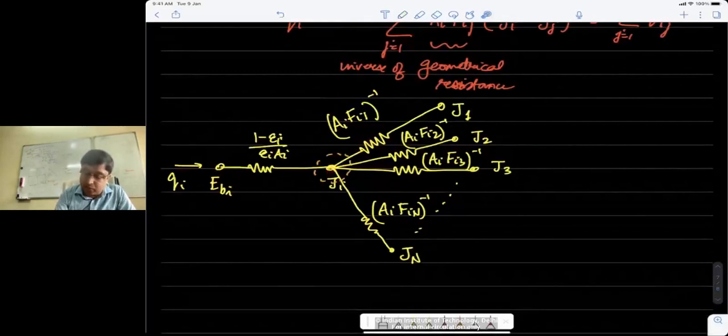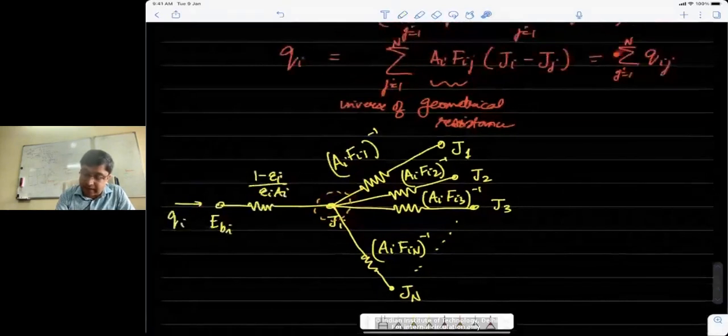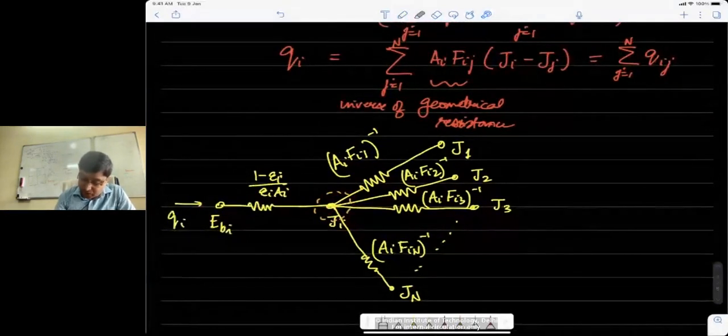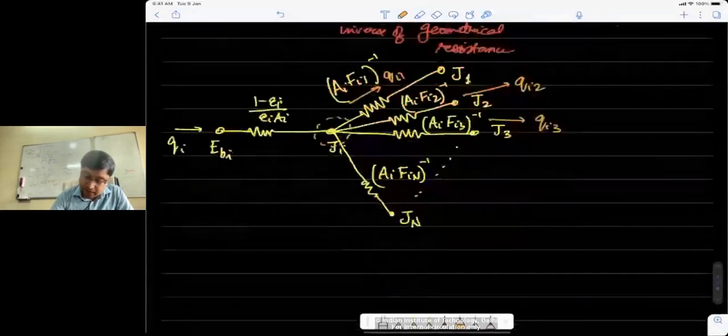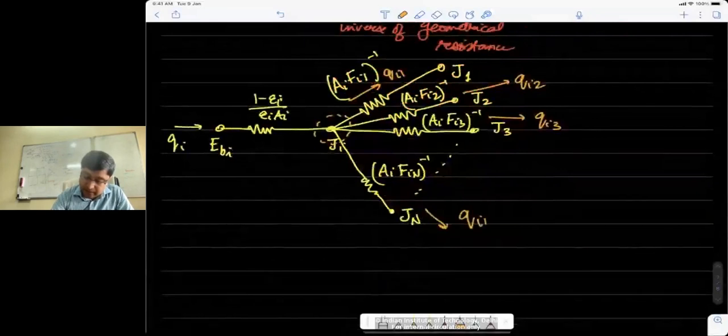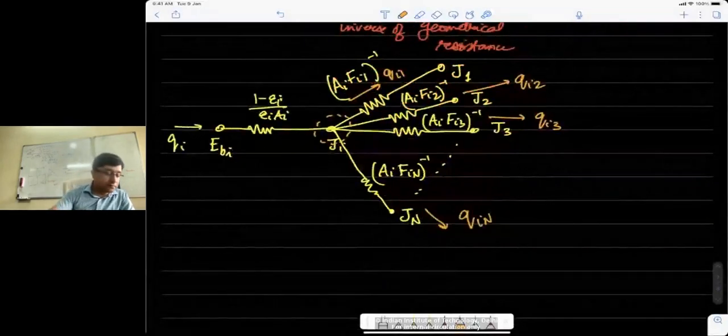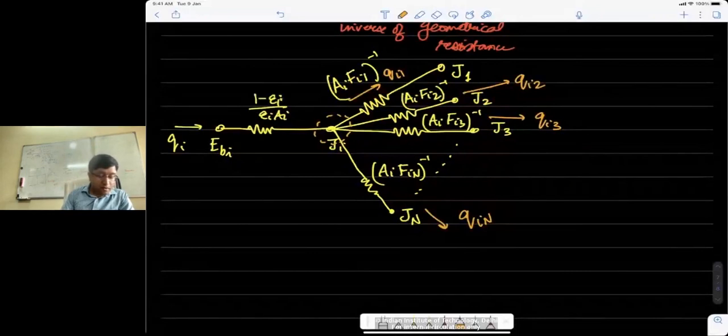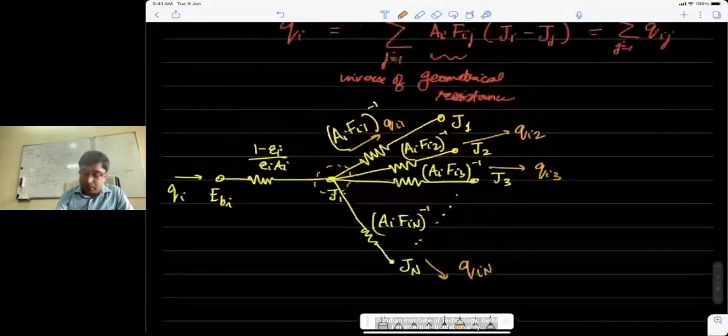So the current which reaches this radiosity Ji gets split into various currents: Qi1, Qi2, Qi3, and finally Qin.